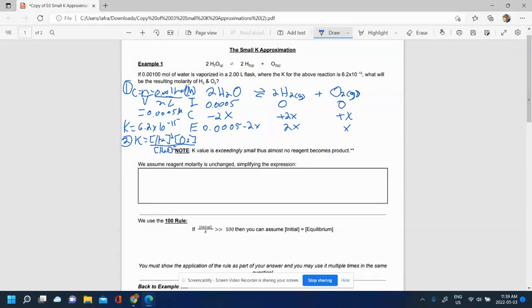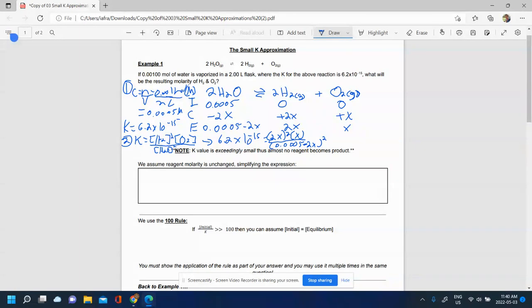So you'd get essentially 6.2 times 10 to the power of negative 15 is equal to, okay, so we have H2 squared, so this is 2x squared times x over 0.0005 minus 2x. And this looks like a lot to try to solve. Oh, and sorry, that's squared as well.